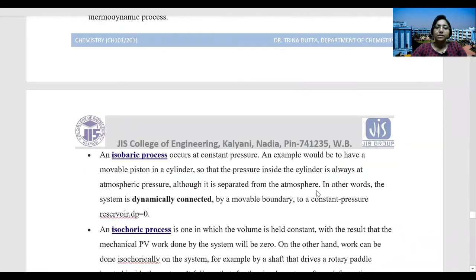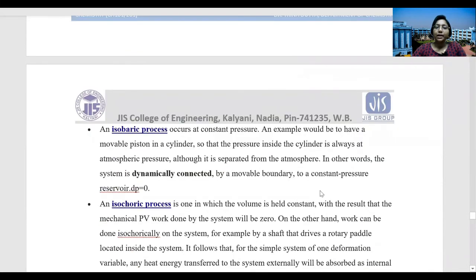Okay, next is the isobaric process. Iso means similar, there is no change, and baric is related with the pressure. So an isobaric process occurs at constant pressure. When the pressure remains same, that is the isobaric process.